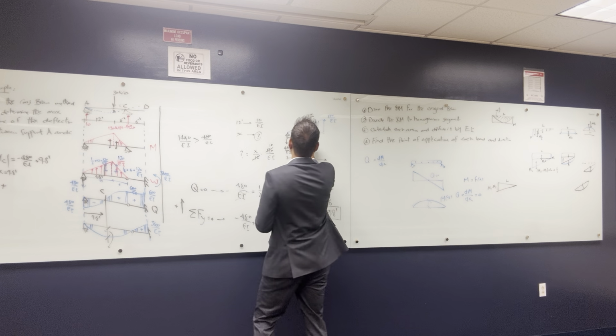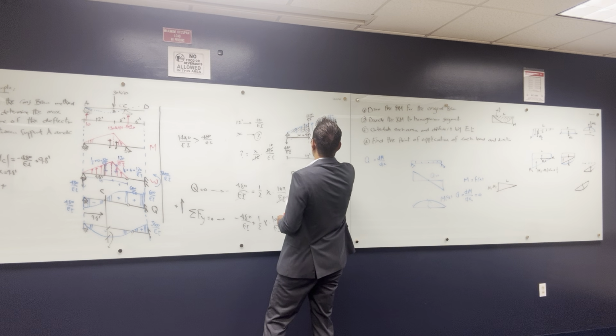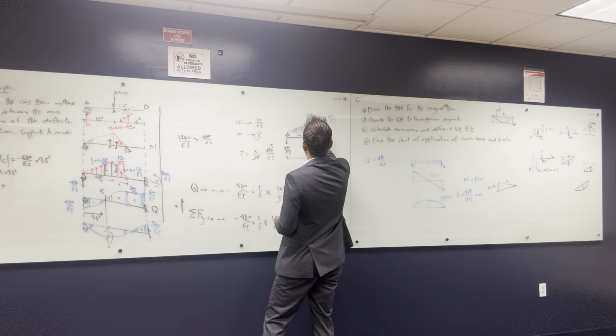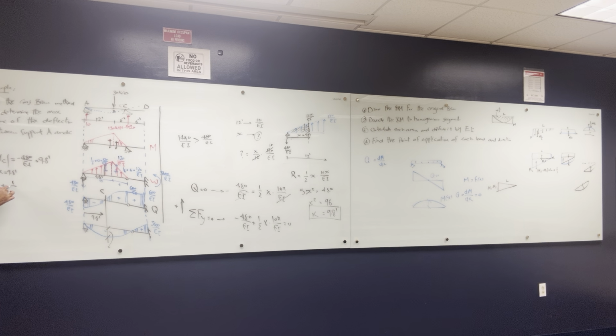X right now is equal to 9.8 feet, so it's going to be one half multiplied by 9.8, multiplied by the load, which is 10x, where x is 9.8, over EI.